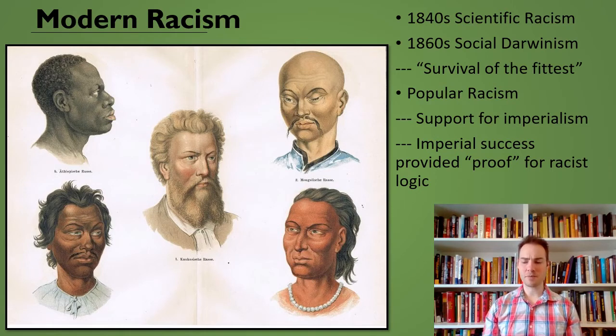So people began to talk about racial degeneration or racial growth, and races had to be ever advancing, and this turns into a sort of popular racism where people see their race in a certain way. And in particular, this is all coming out of Europe and the United States. So it's this idea that white folks are superior.